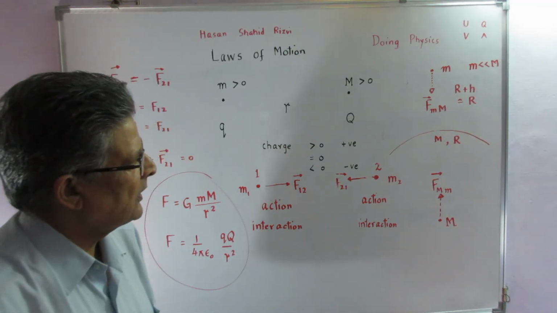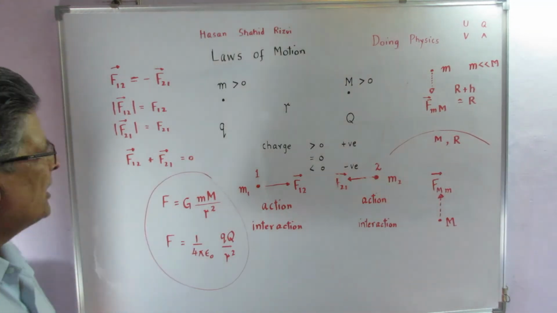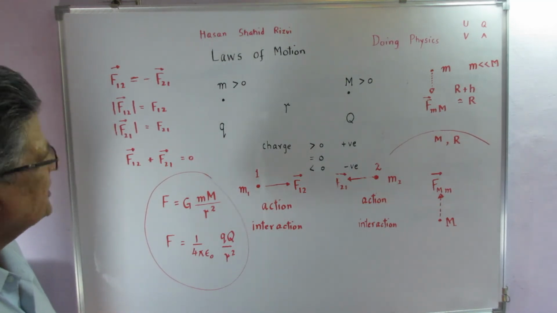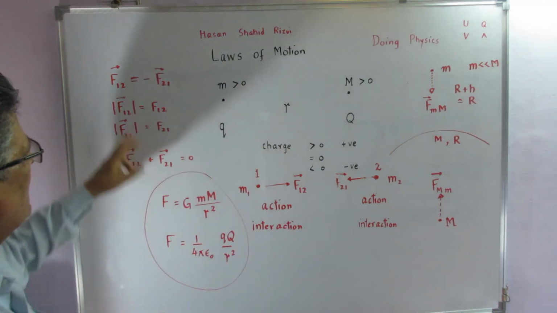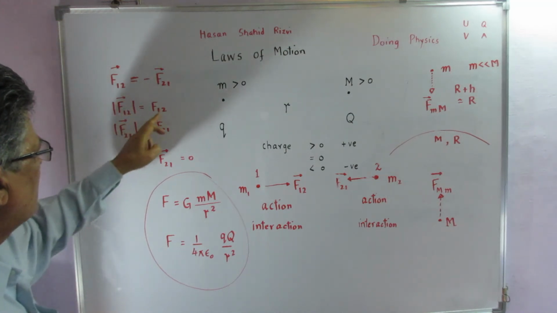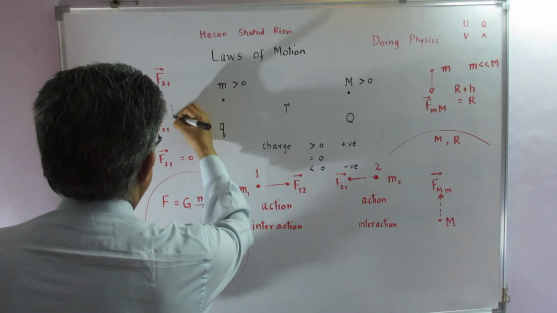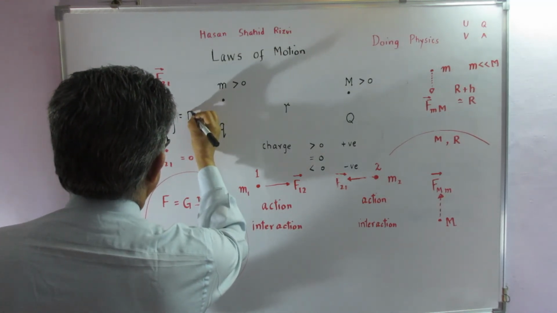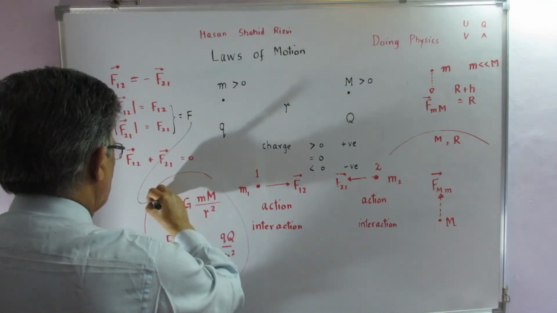Well, so this is a small discussion about the third law of motion. In the third law of motion, which I have tried to explain to you, F12 is equal to minus F21, and in magnitude I can just say F. This is the F we are talking about here.